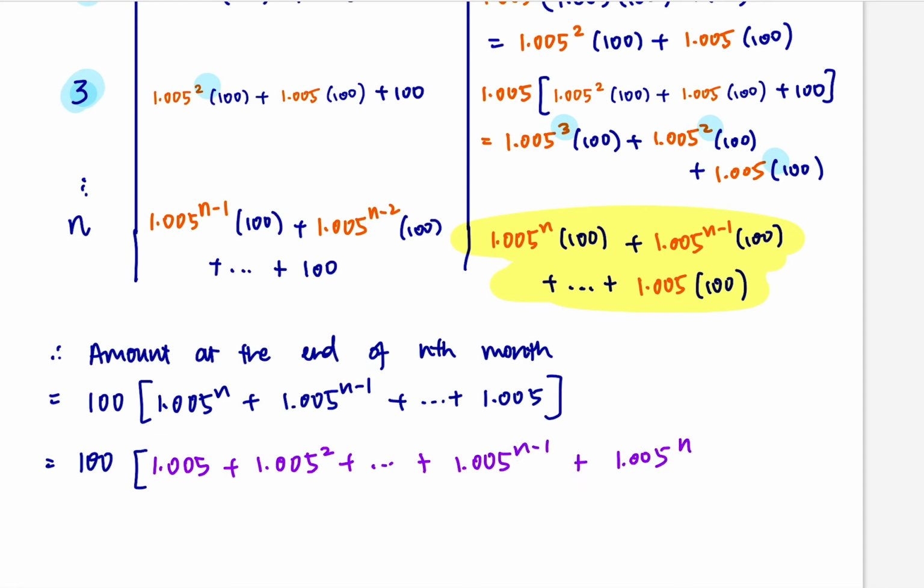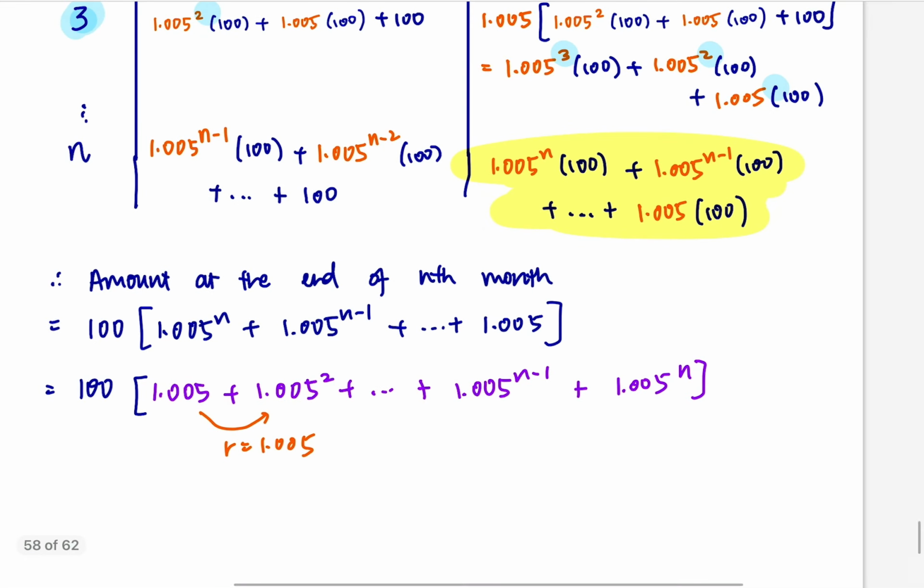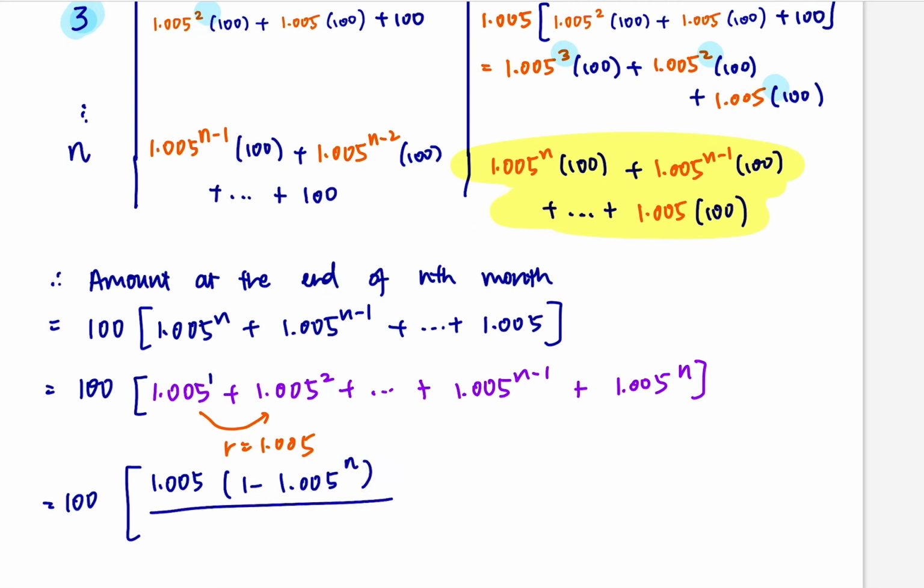And I can then say that this is like r equals to 1.005, common ratio, right? And since I know that, then immediately I can use the sum of a GP formula now, where a, 1 minus r to the power of, now how many terms are there from 1 to n? Then there are n terms.